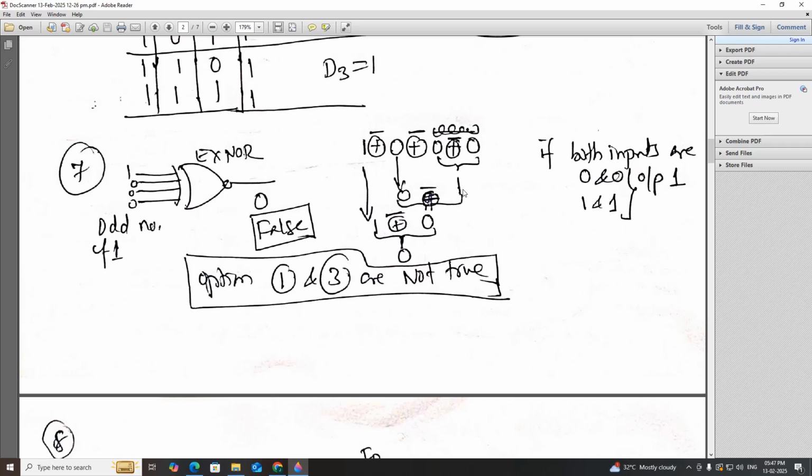Then with the next 0, it will be 0 because both are not equal. Now coming to the last bit, 1 and 0, again these two are not equal. If they are equal, it will be 1; if not equal, it will be 0. So the first answer is wrong.